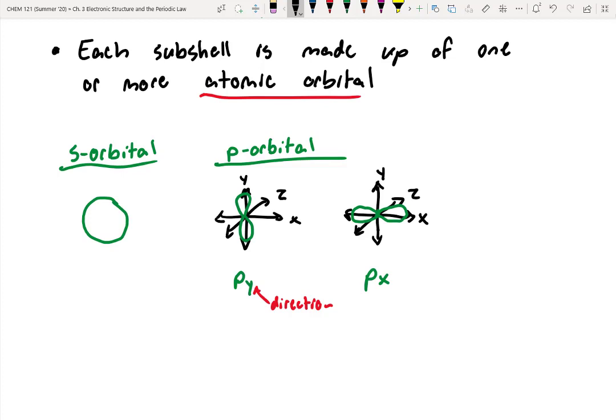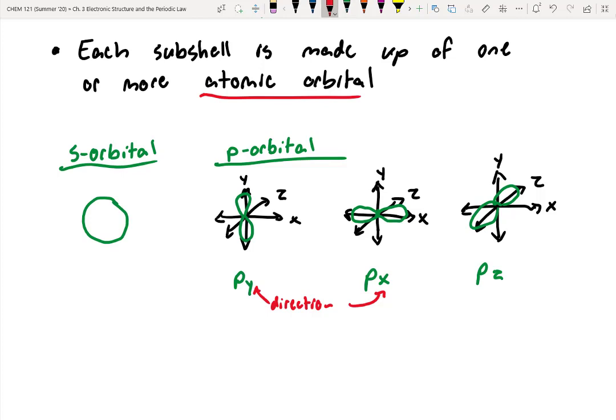So we'd call that p sub x. That indicates the direction of that p orbital. And then last but not least, you can imagine we would have one where it's not in the x or the y direction, but rather the z direction. So let's go ahead and try to draw this the best we can. It's going to kind of be coming in and out, and this would be p sub z.